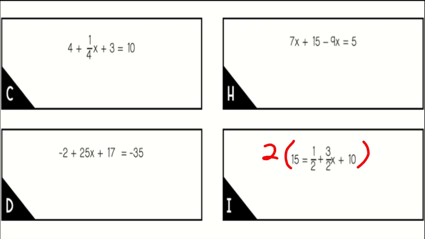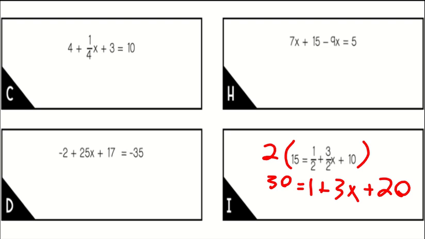So 2 times 15 is 30. 2 times a half is 1. 2 times 3 halves x is 3x. 2 times 10 is 20. Everybody follow with what I did? I took the common denominator and I multiplied everything in the equation.